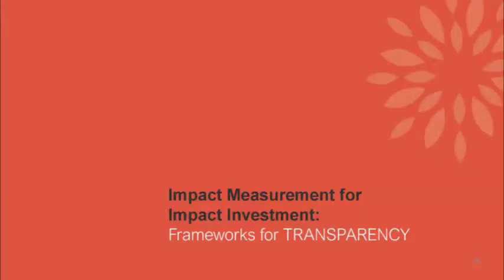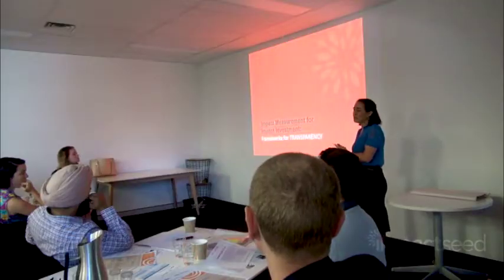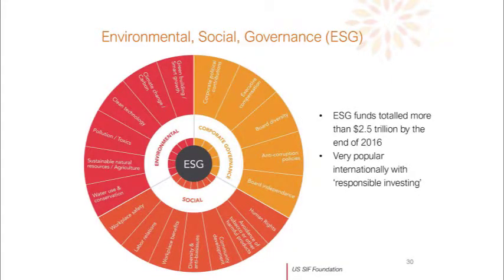But particularly when we look at the more corporate end, and trying to standardise measurement across the globe so that we can start comparing things, we look at frameworks for transparency. Responsible investing is the wider umbrella of impact investing.